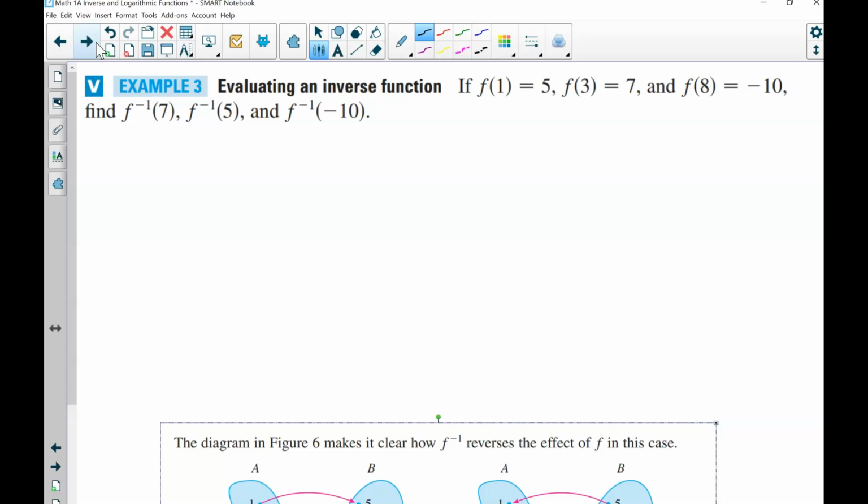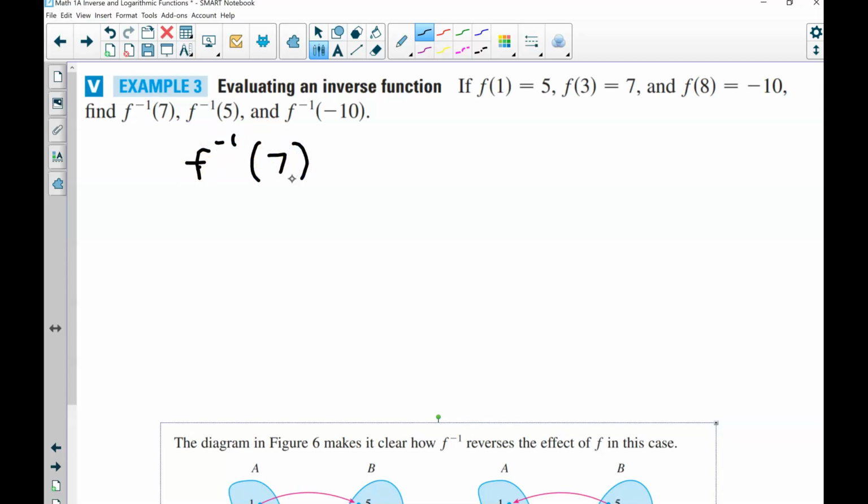Okay, let's take a look at example number 3. We want to be able to evaluate an inverse. So if f of 1 is equal to 5, and f of 3 is equal to 7, and f of 8 is equal to -10, we want to be able to find f inverse of 7.